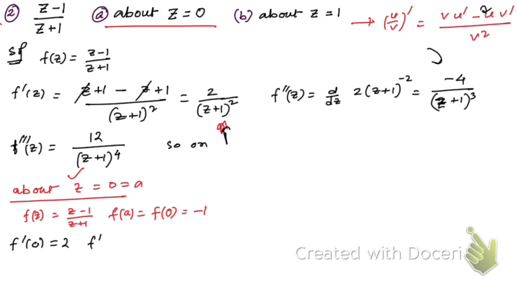Now let us find f double dash at z is equal to 0. Just replace z by 0 here, so minus 4 by 1, that's minus 4. And let us find f triple dash at z equal to 0. If you put 0 here, it's 12.